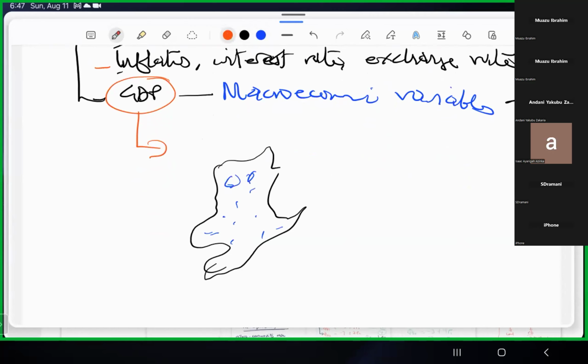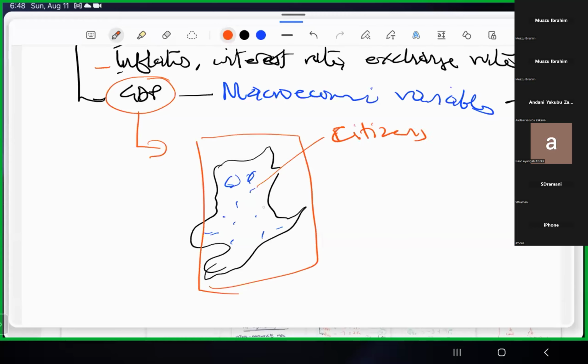And inside Ghana, we have both citizens and foreigners. All these people are in the country producing and contributing to the economy.